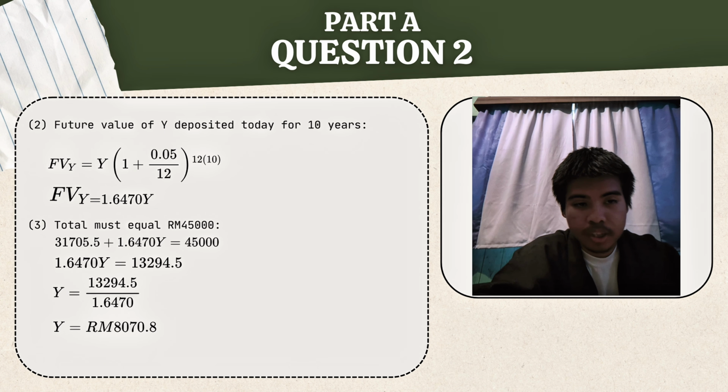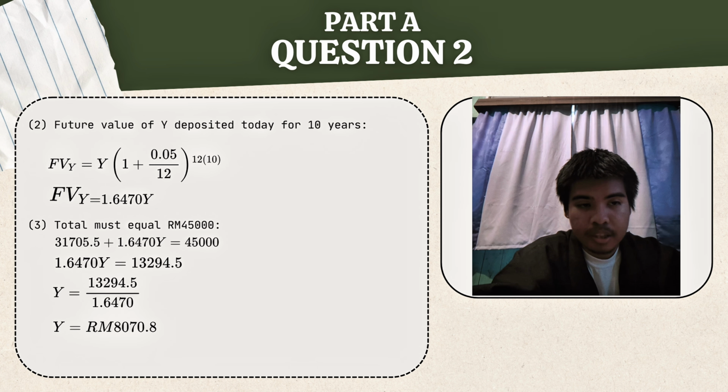Next, we look at the new deposit, which is the Y amount. The money will grow for only 10 years or 120 months. When we apply the same formula, the growth factor becomes 1.6470, so the future value of Y is 1.6470Y. The total value 10 years from today must be 45,000, so we form the equation: 31,705.5 plus 1.6470Y equals 45,000.